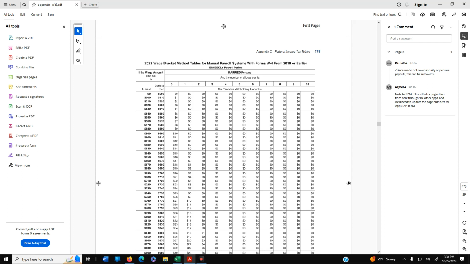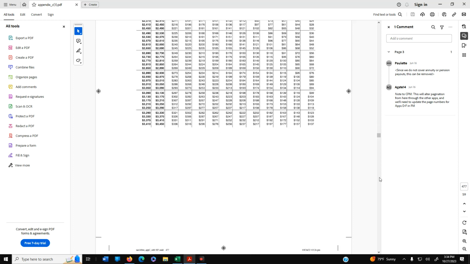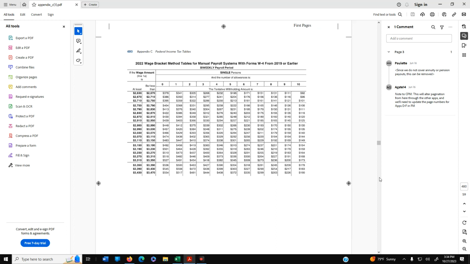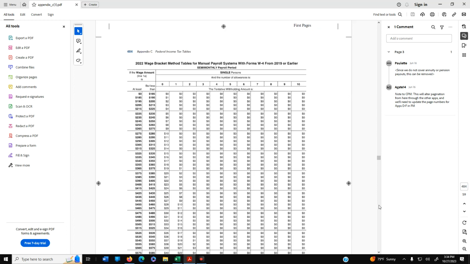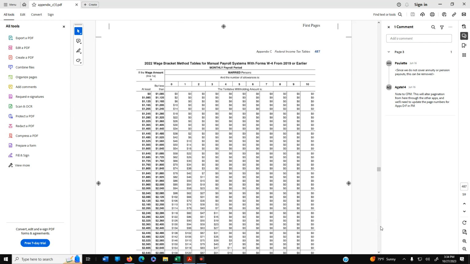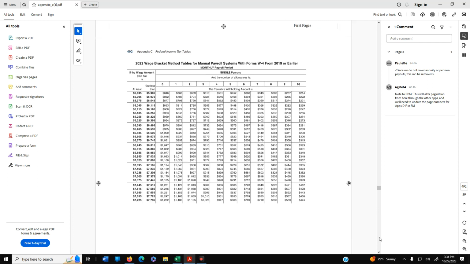But I'm not going to go over these because they're fairly simple. And then you've got two methods for 2020 and after. Okay, so I'm just going to go through all of these right here. There's quite a few. So all of these are 2019.